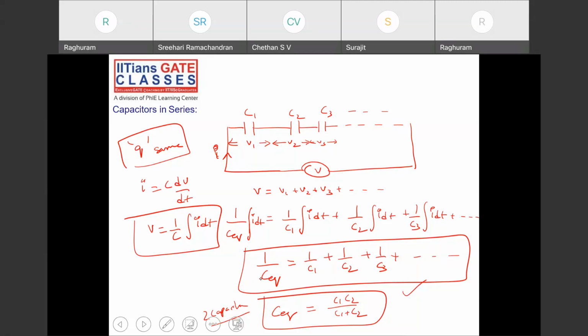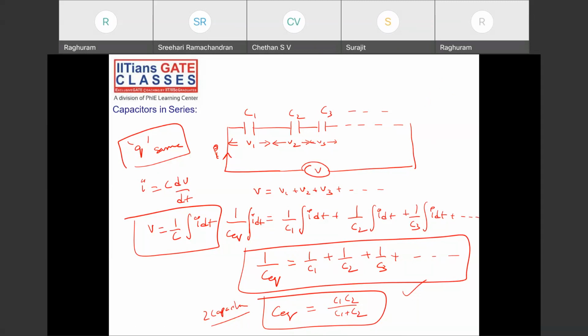XC equivalent is XC1 plus XC2 plus XC3. What is XC? 1 by omega C, if you remember, 1 by 2 pi f C. So again, all those changes we will see when we see AC circuits. This is for capacitors.